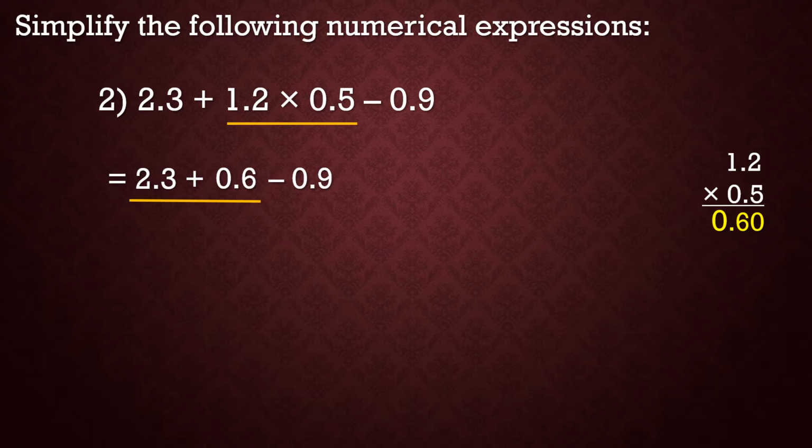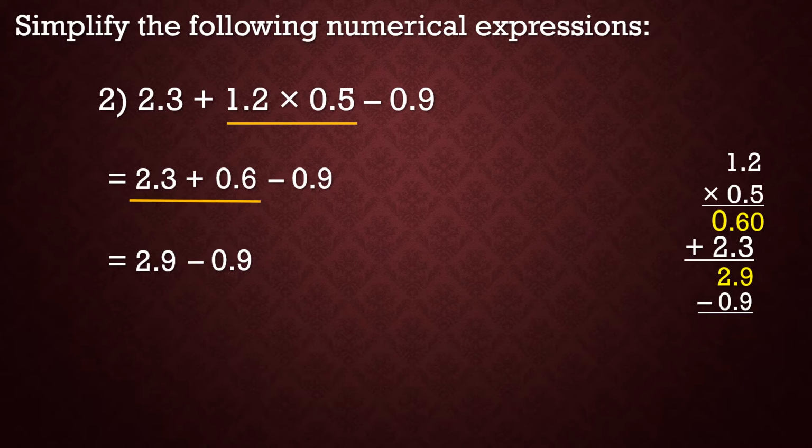Here we have addition. So do the addition. 2.3 plus 0.6, we get 2.9. So write 2.9. Then copy minus 0.9 as it is. Now we have 2.9 minus 0.9. Now do the subtraction. If we subtract 2.9 minus 0.9, we get 2.0. That means 2. So the answer is 2.